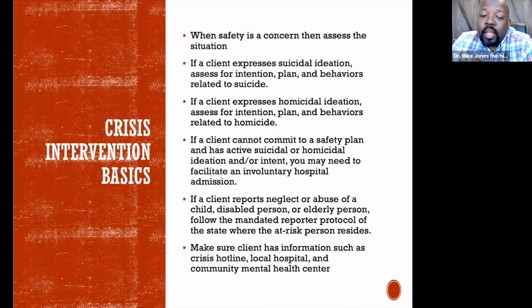Also, if a client is reporting any type of abuse to a child or disabled person or an elderly person, then we need to follow our state laws when it comes to that.